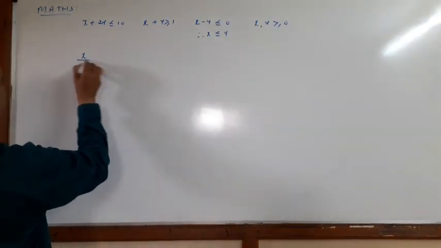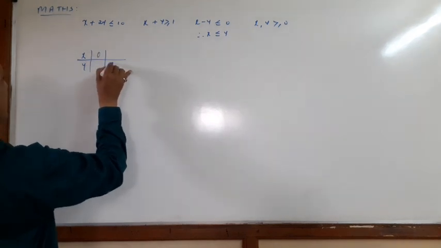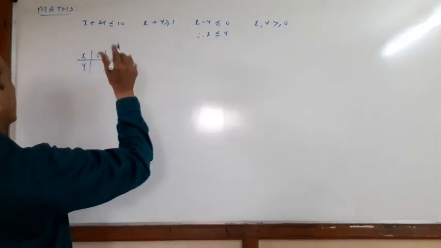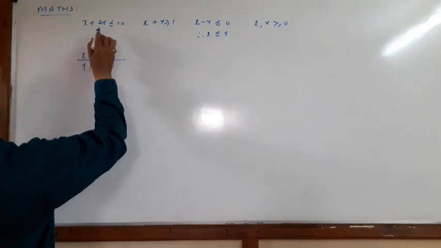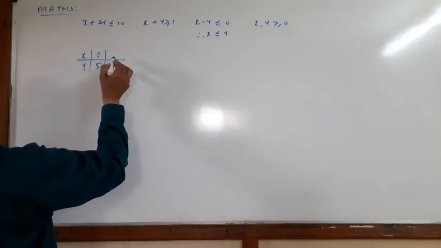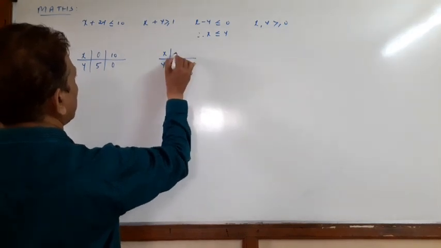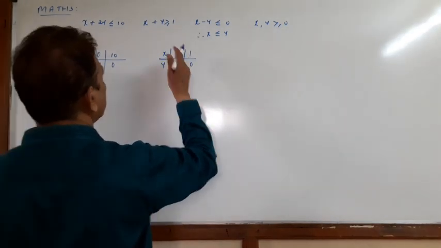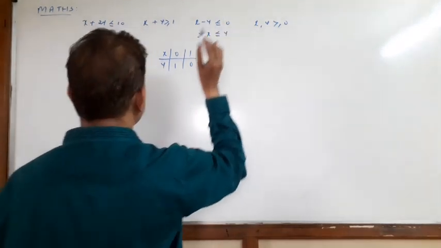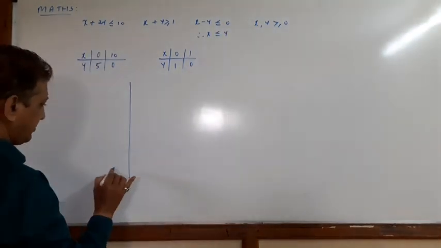So first we prepare the table. Not necessary to solve, then after we solve it. Put x 0, 2y equal to 10, y 5; y 0, x 10. 0, 1 and 1, 0. Is it? Okay, not necessary. Now we draw the graph.